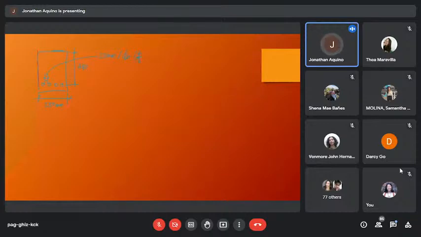Since hindi specified yung aggregates natin, okay, so let us assume na ang gagamitin nating aggregates is smaller, ikakasya dun sa bakal. So, for 250 millimeter, we have 1, 2, 3 clear spacings, okay? So, sa beam natin, meron tayong stirrups.